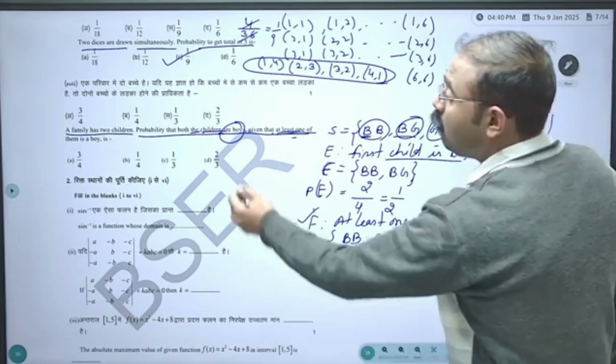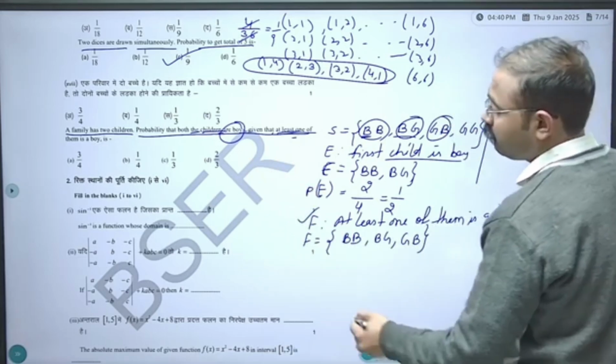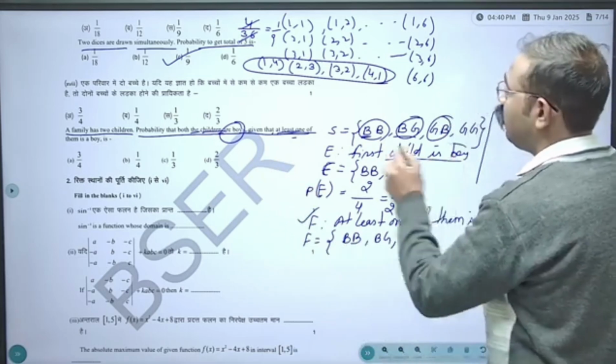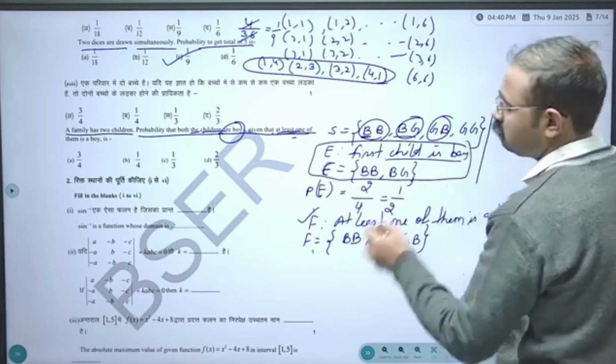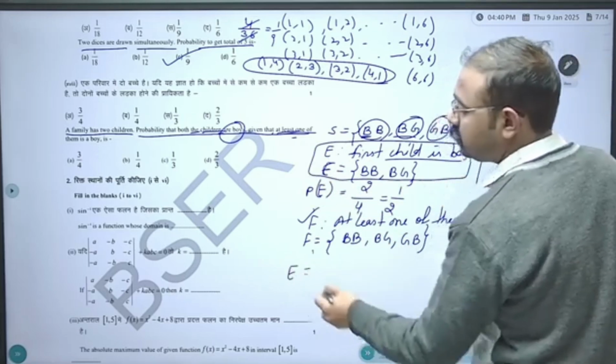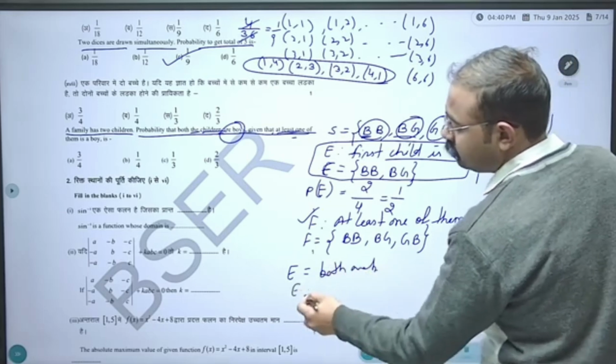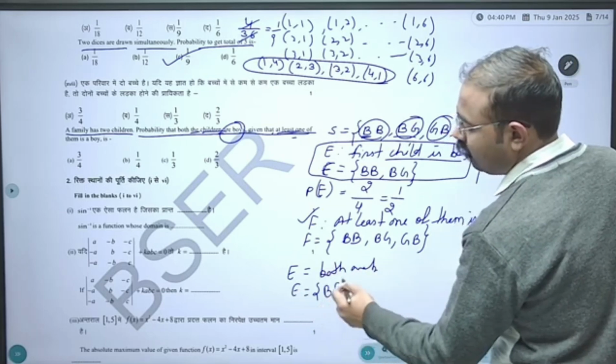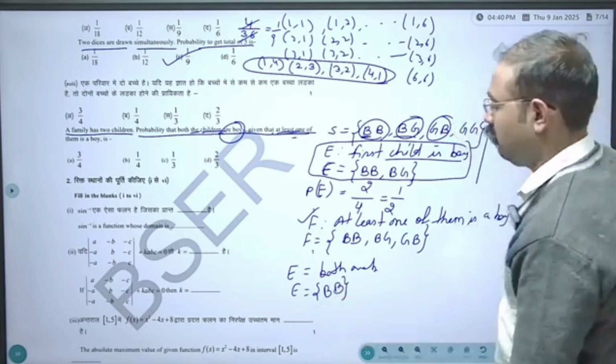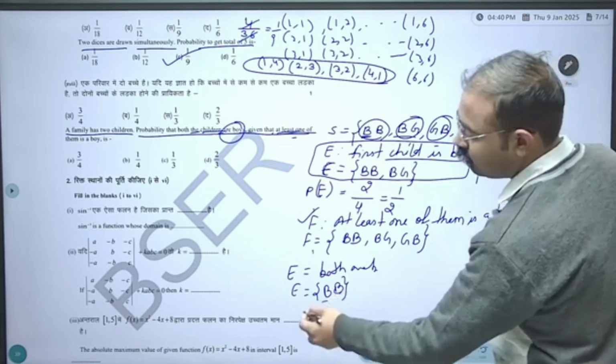What we have to find? Both children are boys. I can choose event E as both are boys, means in this we will have B, first one is boy, second one is boy.